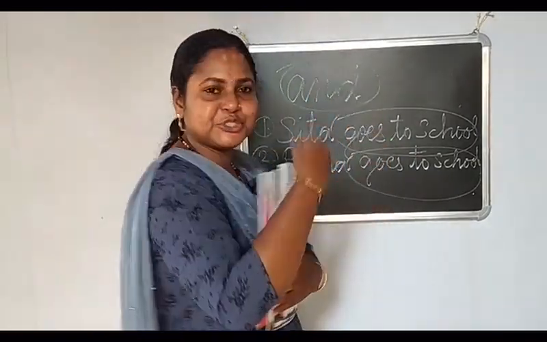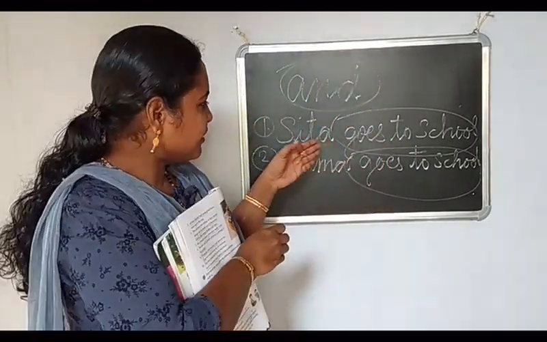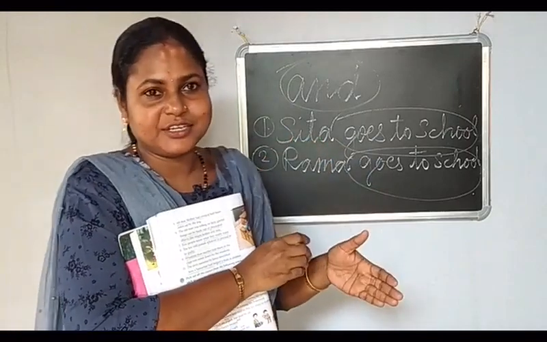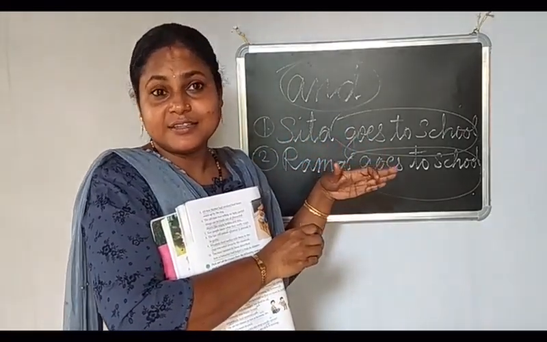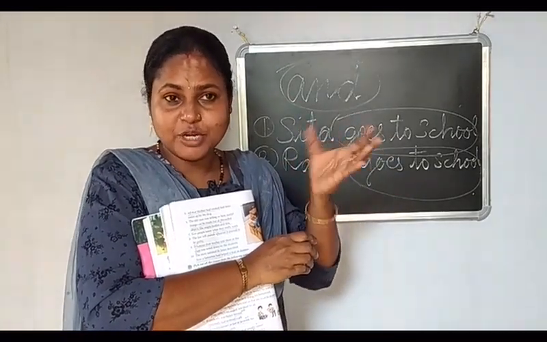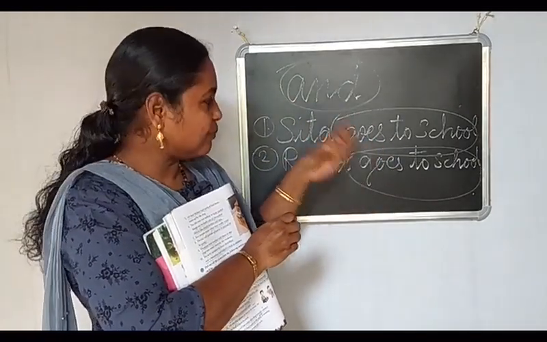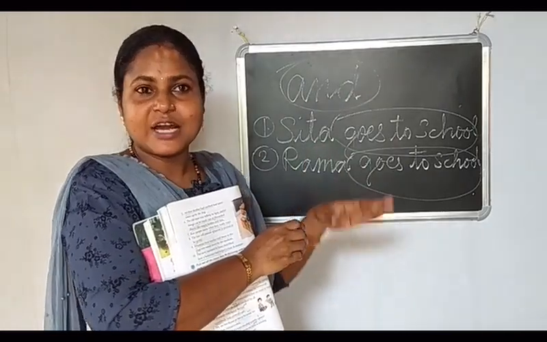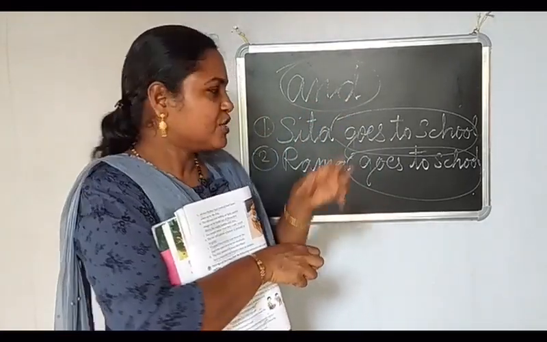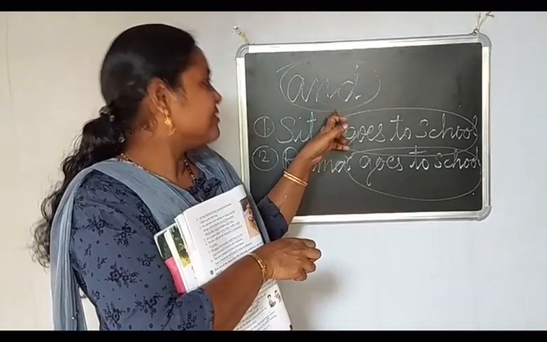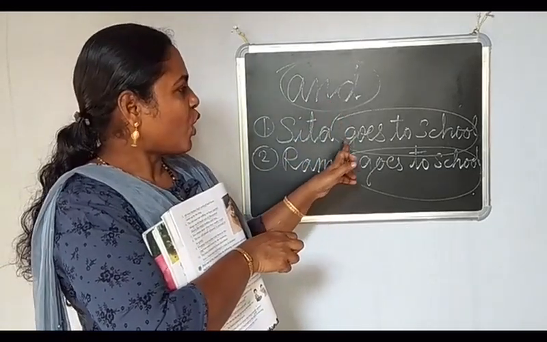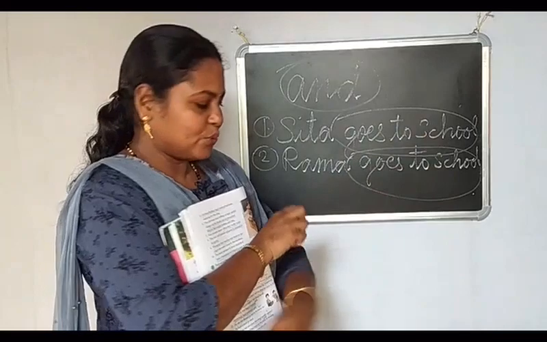In addition to, then we are adding these two things together. These are two names that have their own importance, equal importance. Sita has importance and Rama also has equal importance. So we are adding together Sita and Rama go to school.